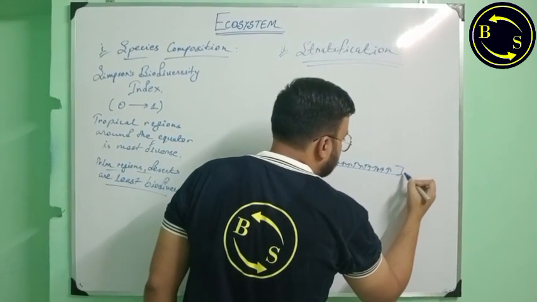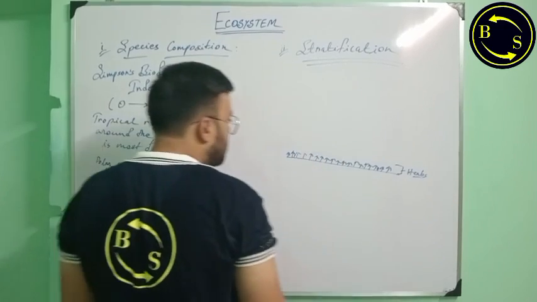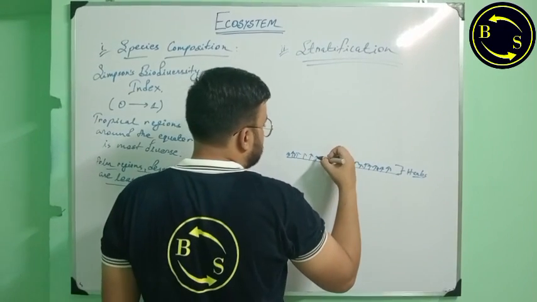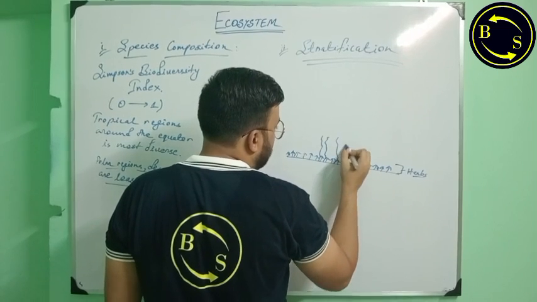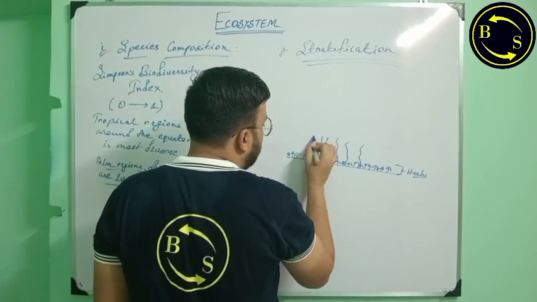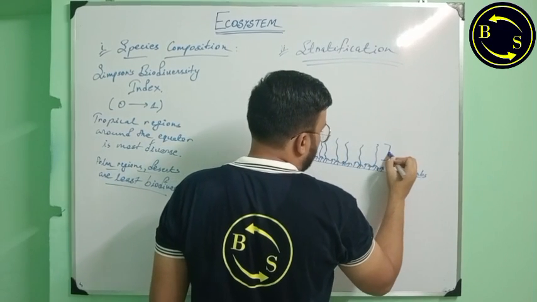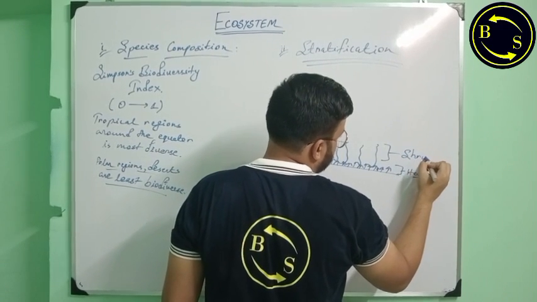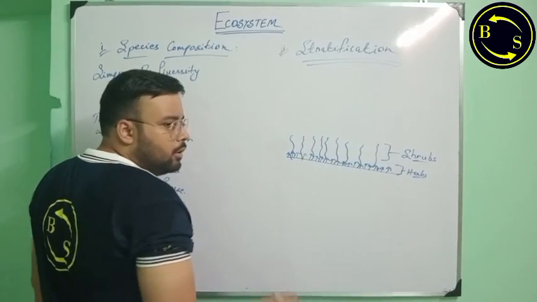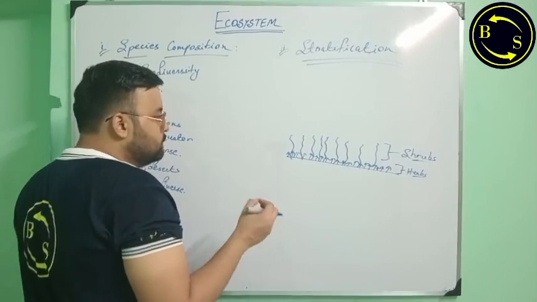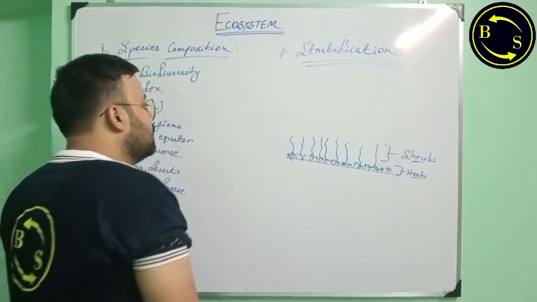These are known as the herbs. Next, you will find a bit of taller, hard bodied, a bit of woody kind of short plants, and they are known as the shrubs. Herbs are all soft bodied plants. They do not have a rigid woody structure.